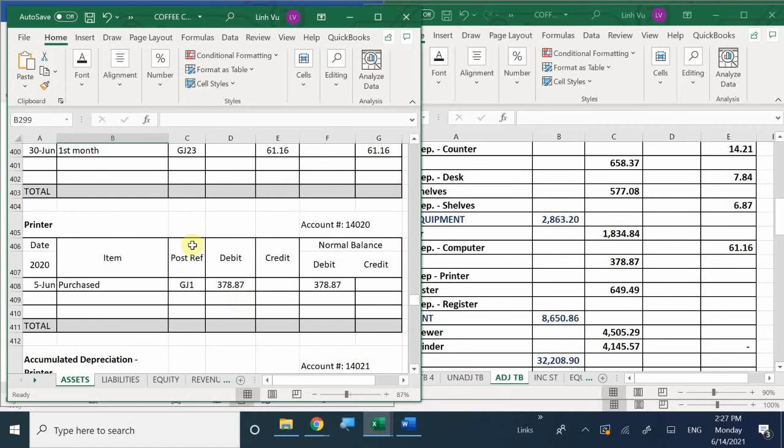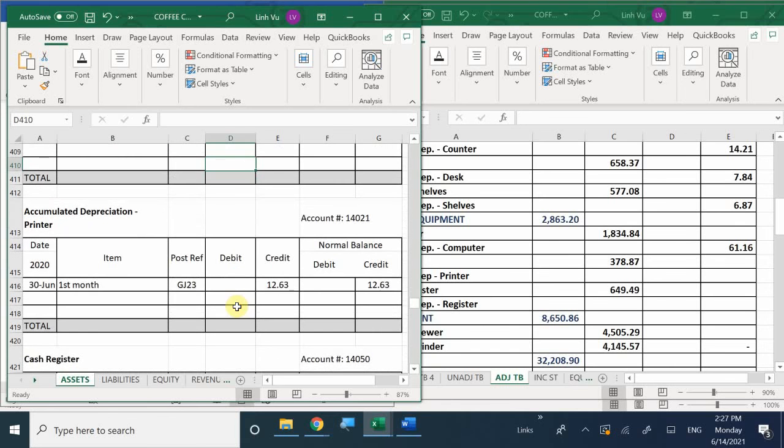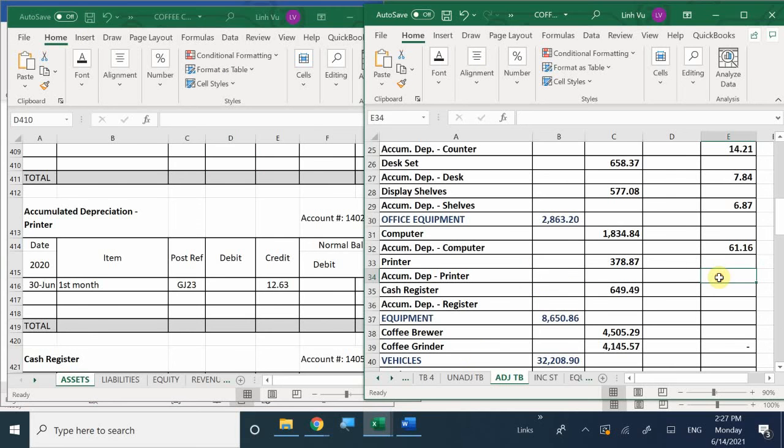Our printer is still 378.87. So we can leave that. But the depreciation that we calculated on this one is $12.63.